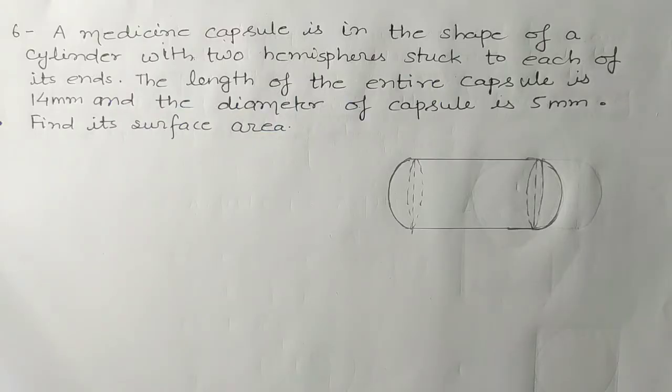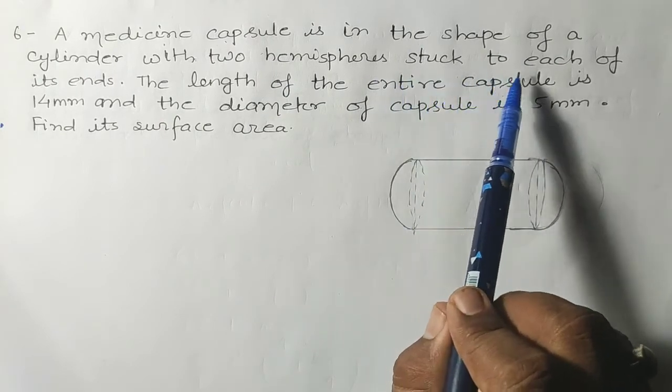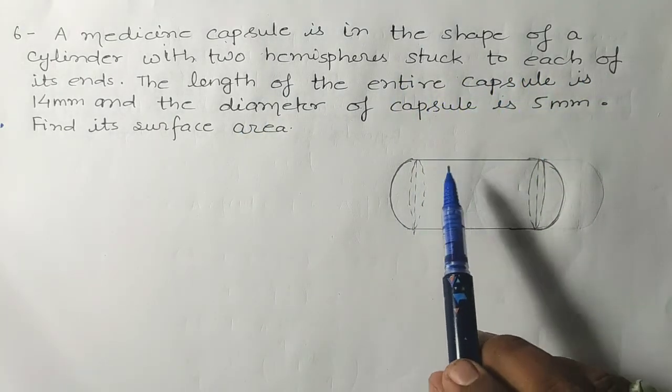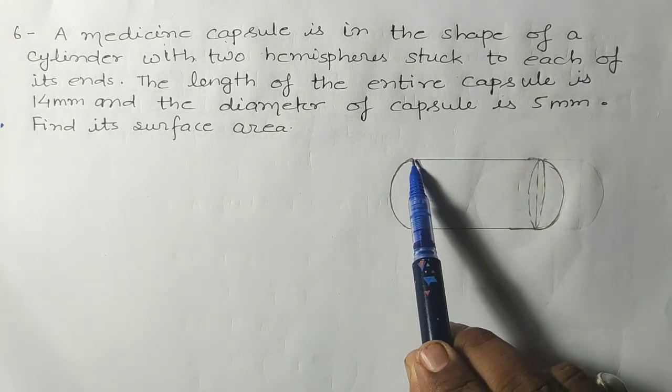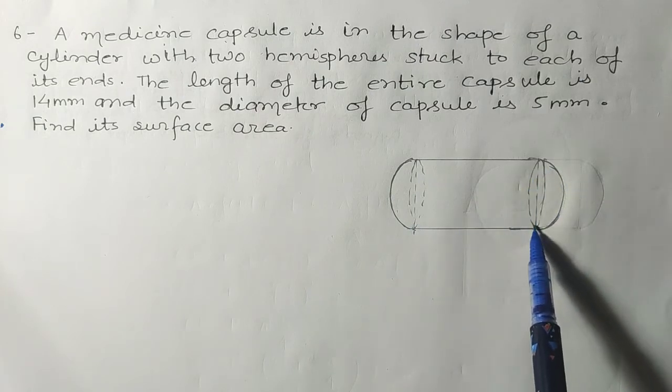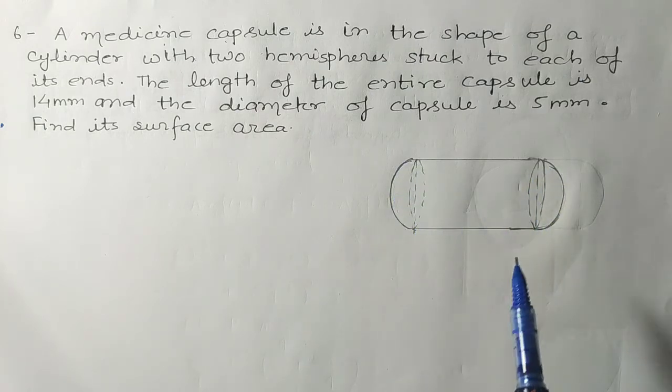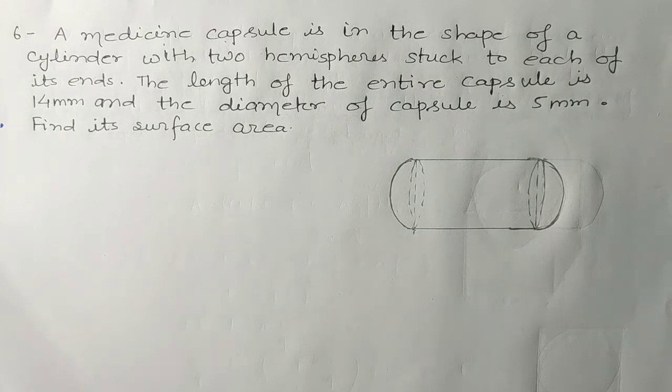Coming to the next question, students. Question number 6 is: a medicine capsule is in the shape of a cylinder with 2 hemispheres stuck to each of its ends. See, this is a cylindrical portion in the middle, but at the ends, hemispherical portions are stuck in this medicine capsule. You have seen a medicine capsule, so you can relate with that.